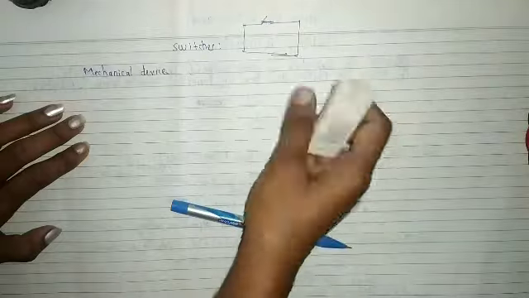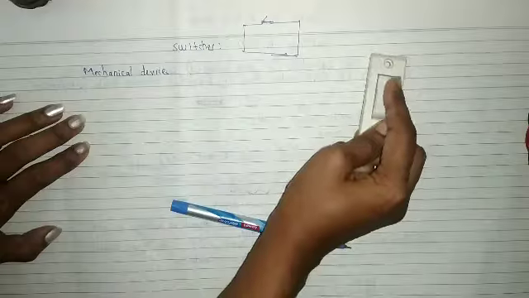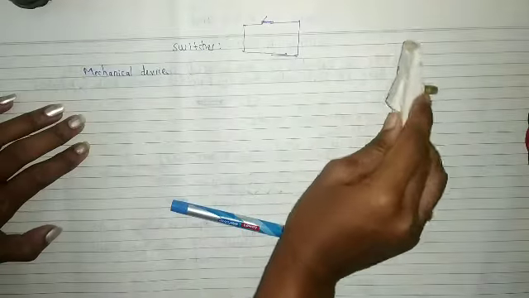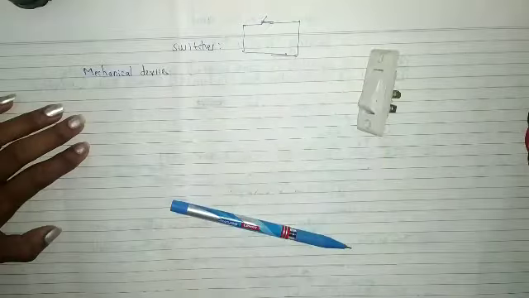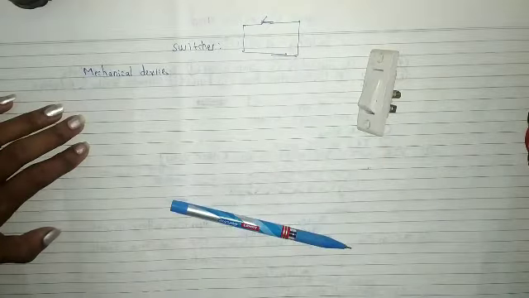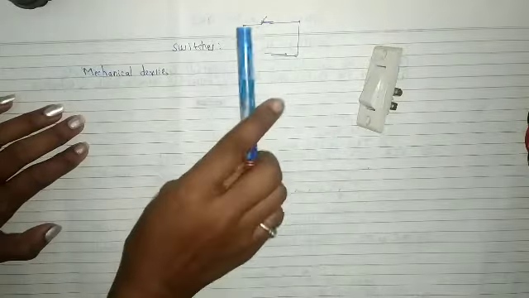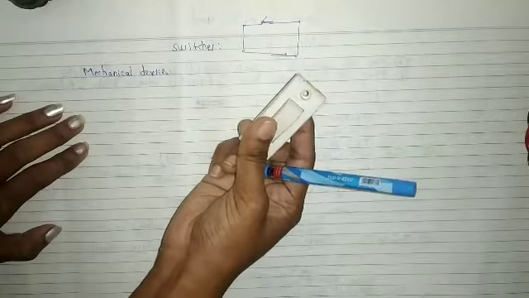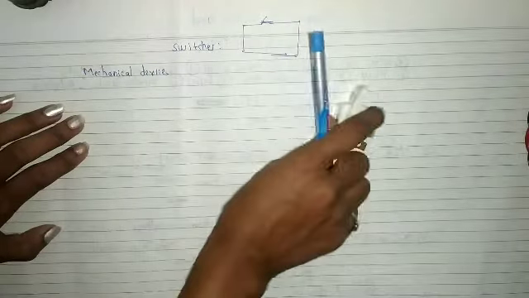It has two knobs and all this part is insulated, so whenever we touch it, we will not get any shock. So the switch must have high insulation resistance. This is all about the switch: a mechanical device which operates manually to make or break the circuit.